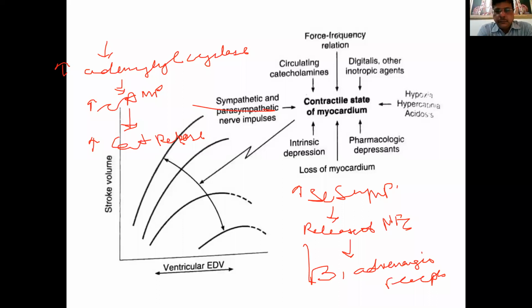So increase in calcium concentration will help in increasing force of contraction. What are the other factors? Increased calcium, then?